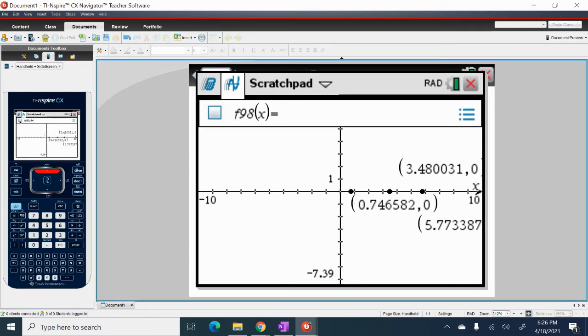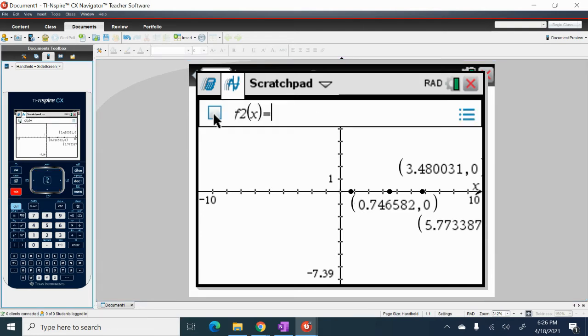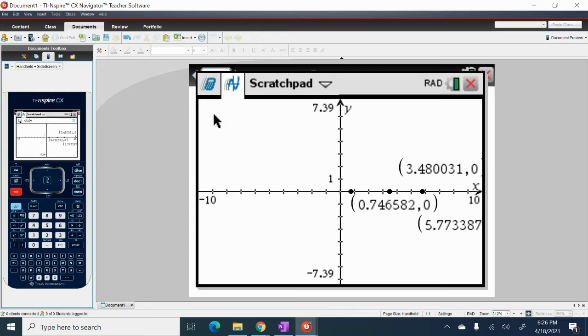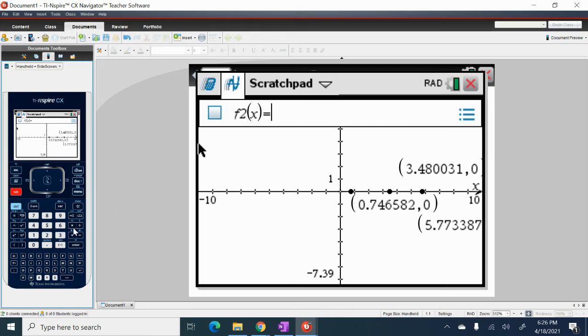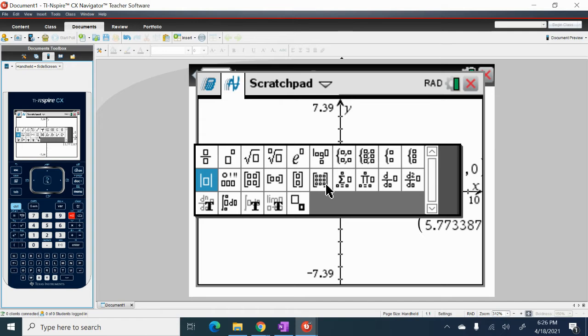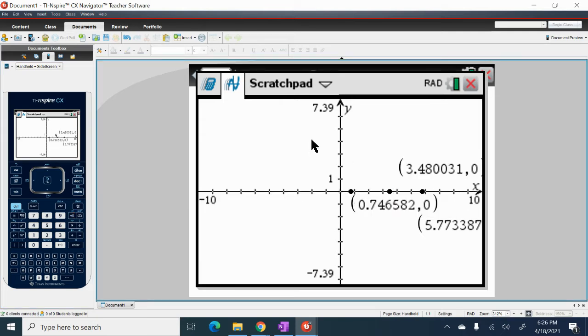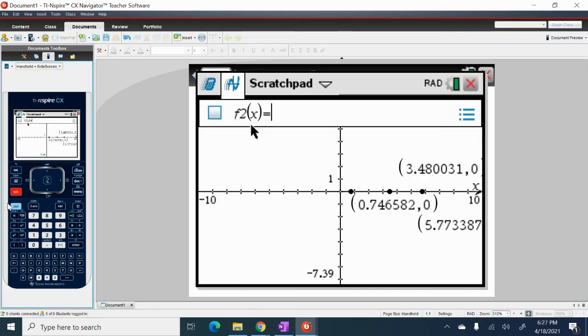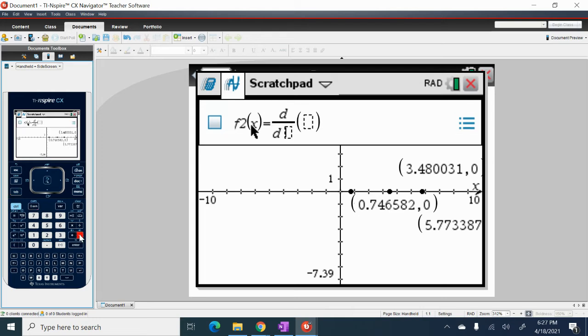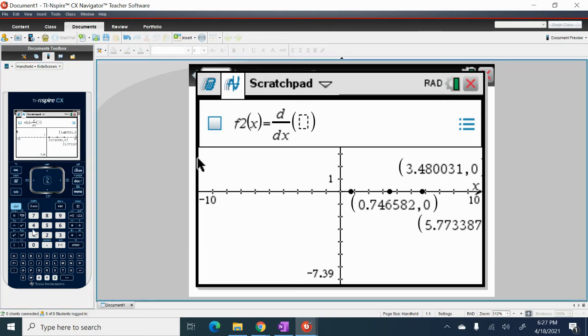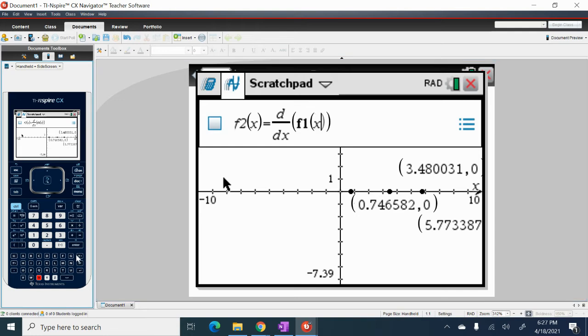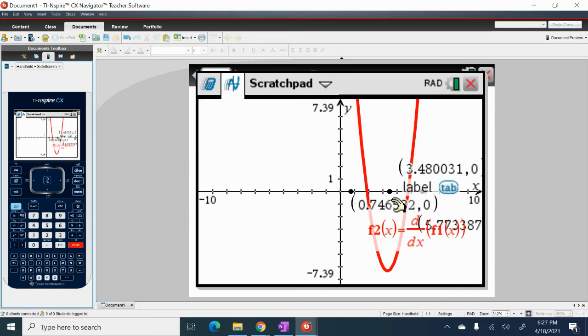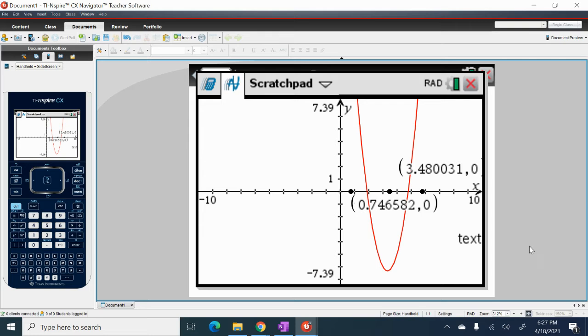I just need to take the derivative of my velocity. We're going to go x, and then var f1 of x. I'm going to move these points off here so that they aren't driving us bananas.